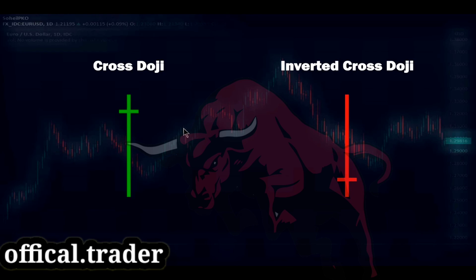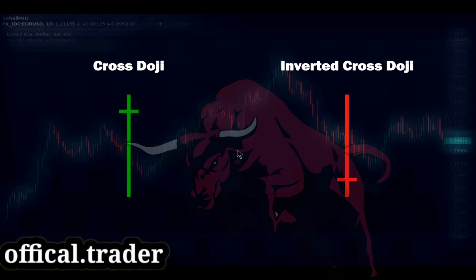So cross doji and inverted cross doji are more significant in giving any possibilities for a change in the direction of the price, and they can be considered the ideal version of those candles. The interpretation of cross doji and inverted cross doji is exactly similar to hammer and shooting star, so here I don't repeat the interpretation and how the buyers and sellers battled behind the scene.